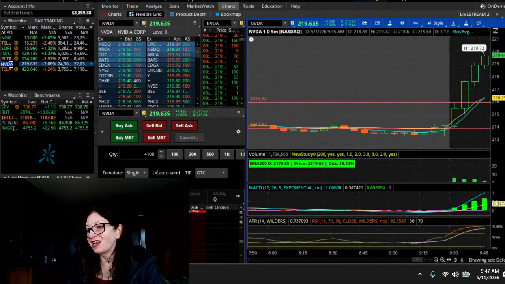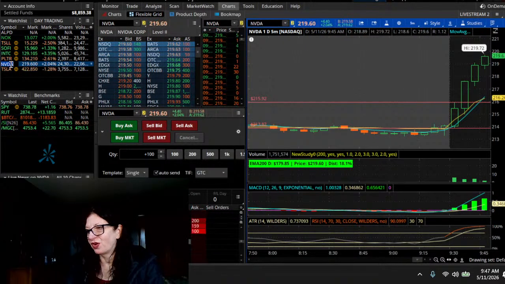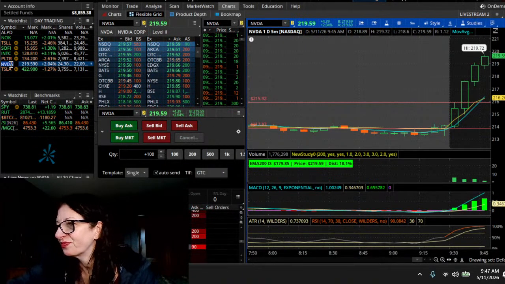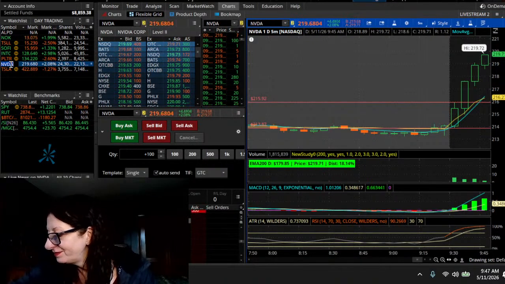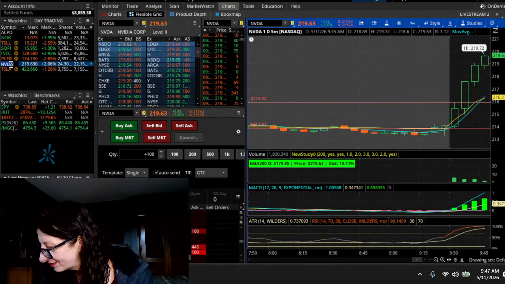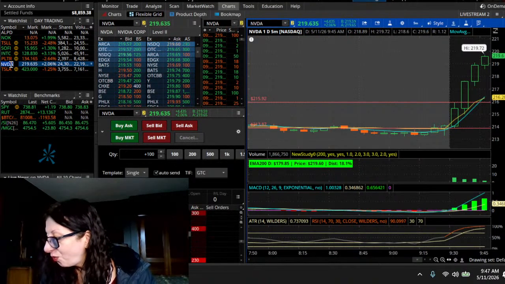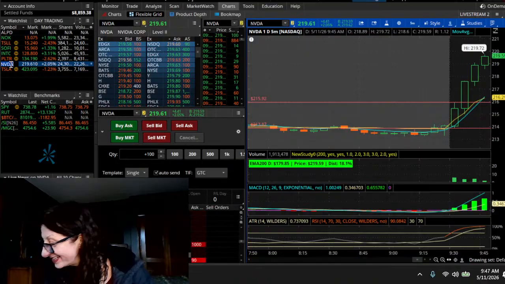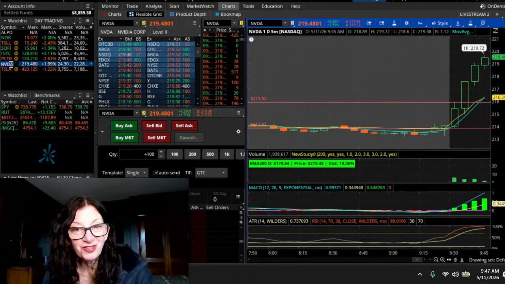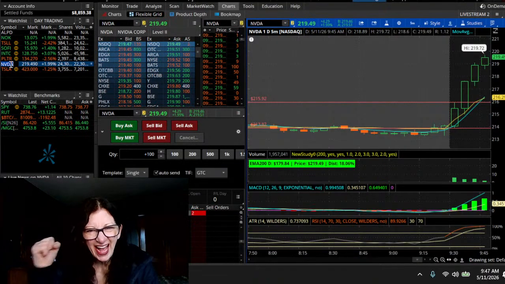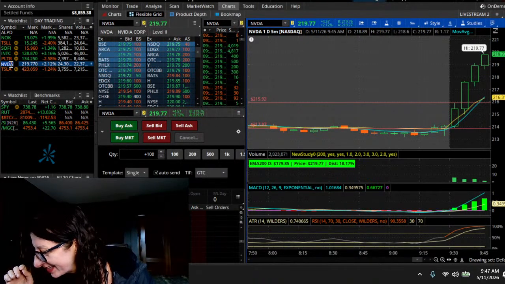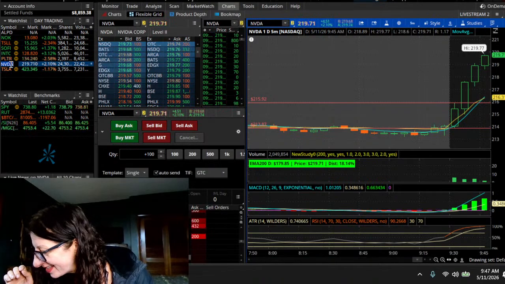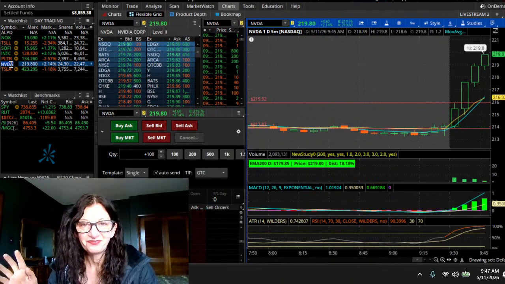It's extended off the 9 EMA and the volume's lower, but wow. Oh my goodness, $2.32 a share. Yes, that's awesome.